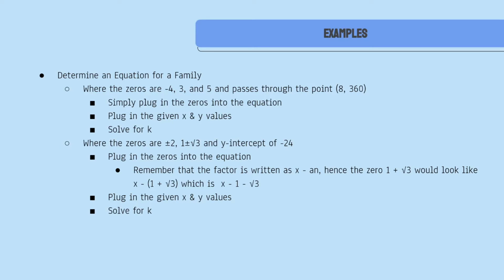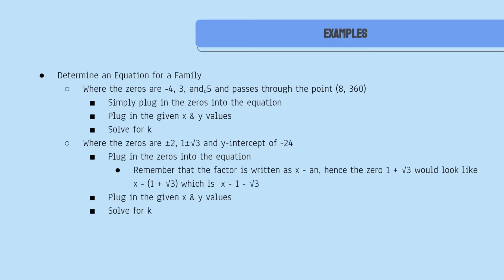The example asks us to find an equation for a family with the following characteristics. The zeros are -4, 3, and 5, and it also passes through the point (8, 360). The steps for this are kind of easy. To find the family, we would just do y equals k times (x minus -4), which is (x + 4), times (x minus 3) times (x minus 5).